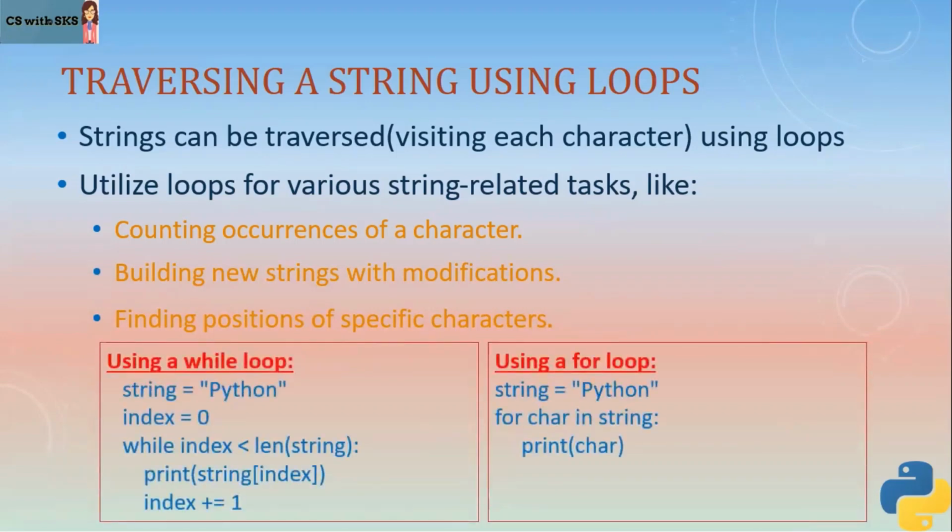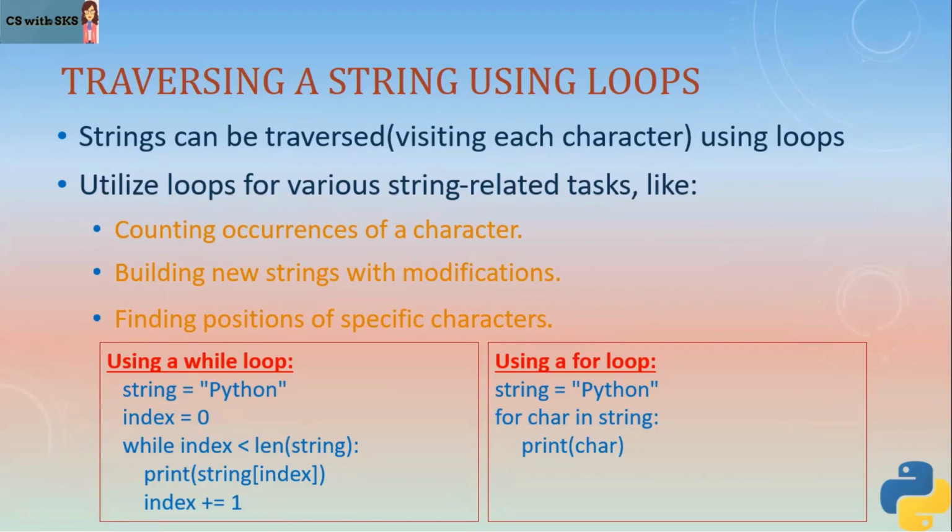So how do we do that? That example is written here using while and using for both. So we use a string in while, and then we start an index value, and we go till the length of the string. Length is an inbuilt function, we have already learned, that gives you the total number of characters present in the string.